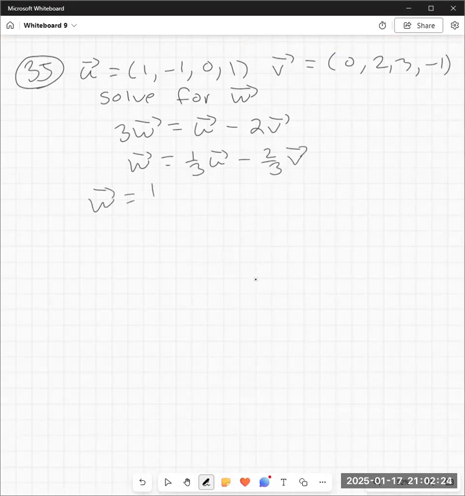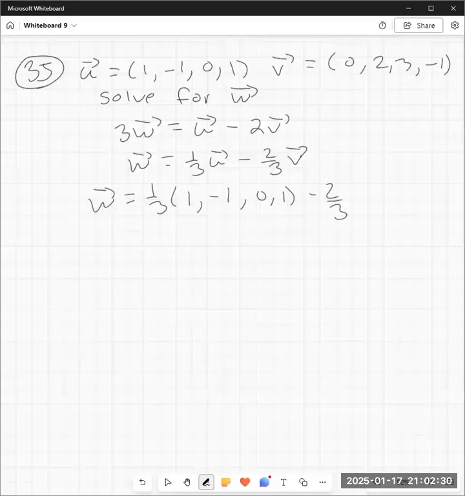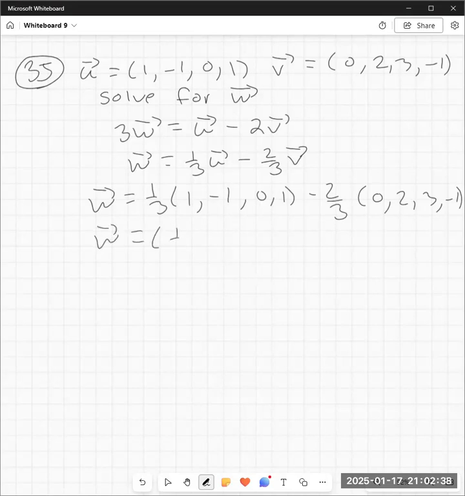w is 1/3 of (1, -1, 0, 1), minus 2/3 of (0, 2, 3, -1). So w will be equal to (1/3, -1/3, 0, 1/3) plus (0, -4/3, -2, 2/3).